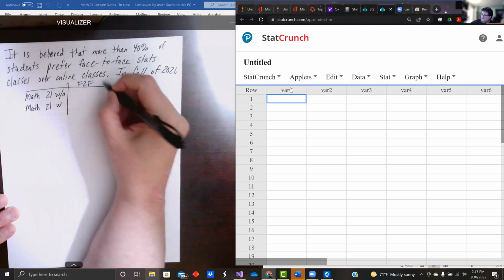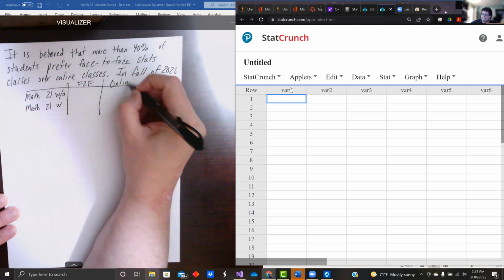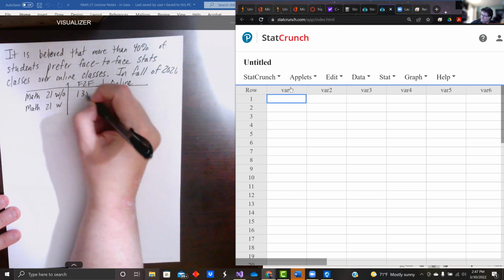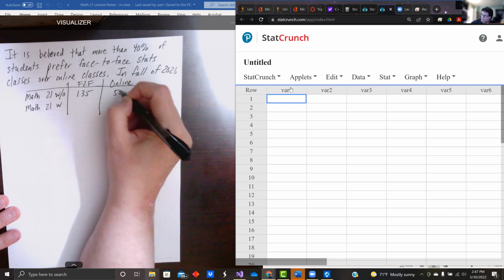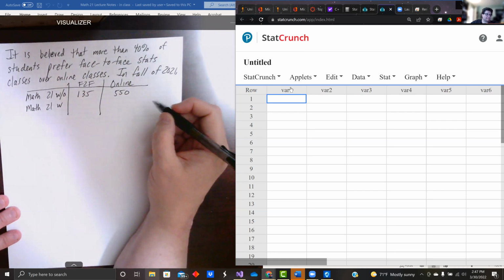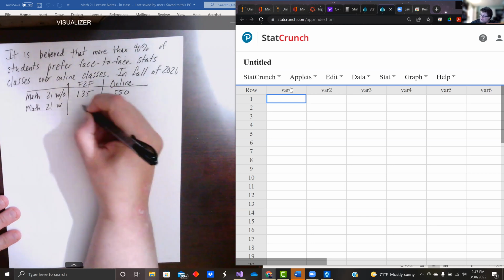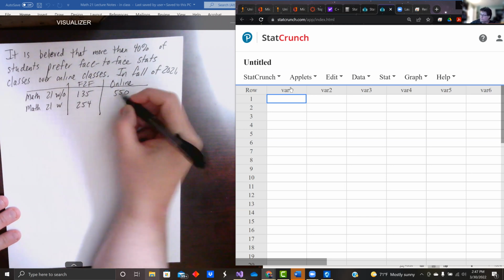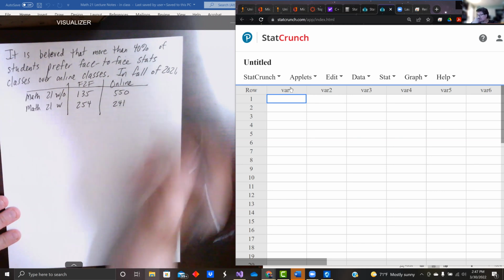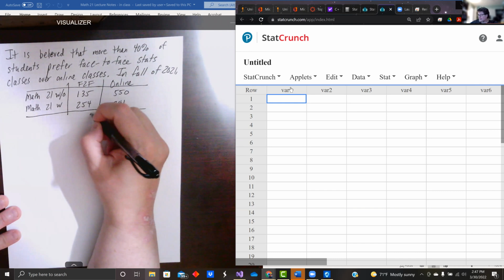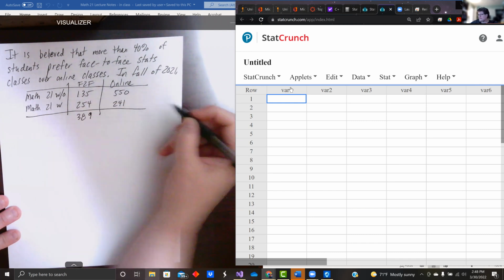Our face-to-face versus online counts. We had 135 to 550 students that enrolled. And this was 254 to 241. If we add them up, this is 389.